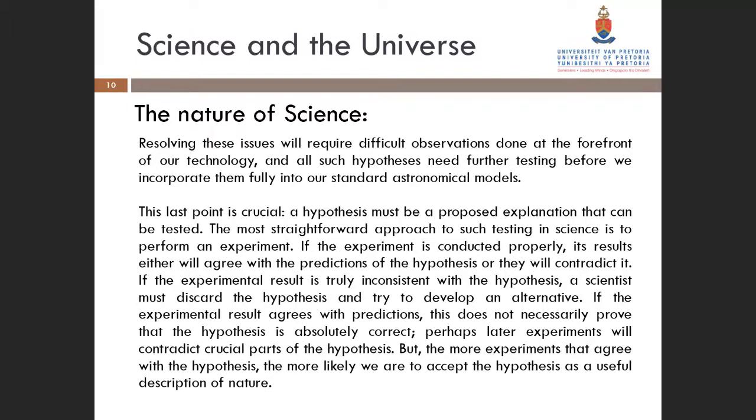If the experimental result is truly inconsistent with the hypothesis, the scientist must reject the hypothesis and try to develop an alternative. If the experimental result agrees with the predictions, it does not necessarily prove that the hypothesis is absolutely correct. Perhaps later experiments will contradict crucial parts of the hypothesis. But the more experiments that agree with the hypothesis, the more likely we are to accept the hypothesis as a useful description of nature.